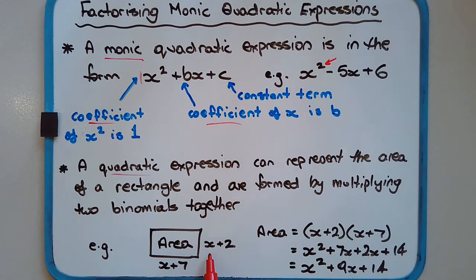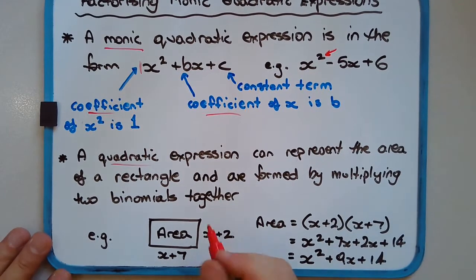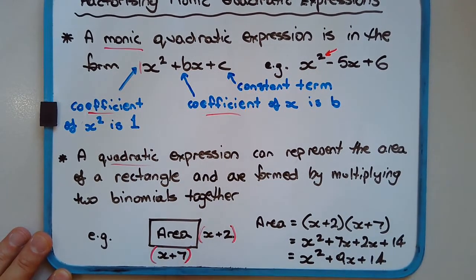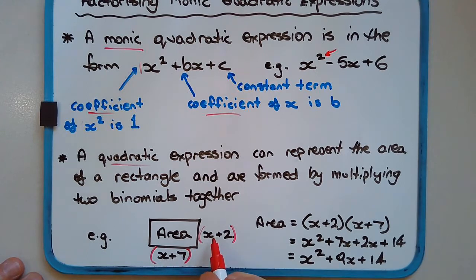In this case, we could represent the width and the length of this rectangle in terms of x. Multiplying these two sides together, x plus 2 multiplied by x plus 7, that's length times width, we end up with an expression that represents the area of this shape.